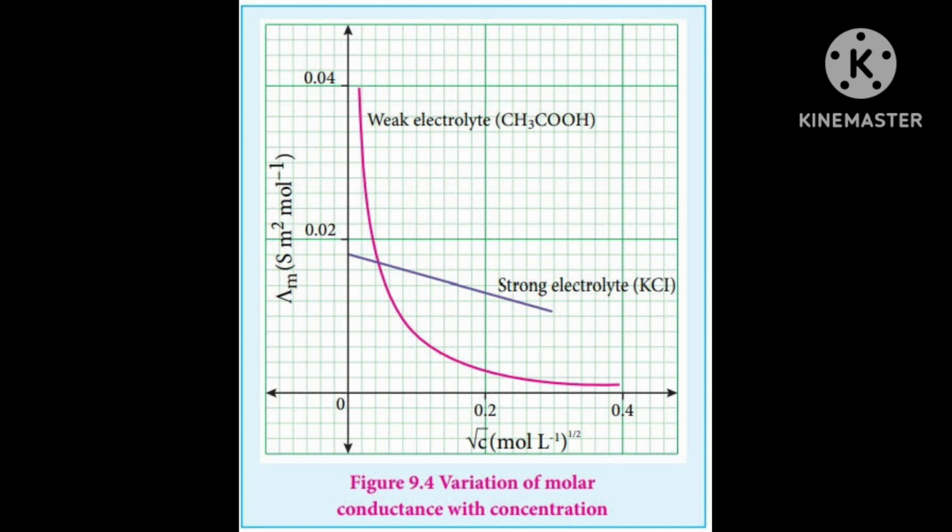Now centimeter square is converted into meter square, that is 0.785 into 10 to the power minus 4. How did minus 4 come? Down there was 100 into 100, so it became 10 to the power minus 4.